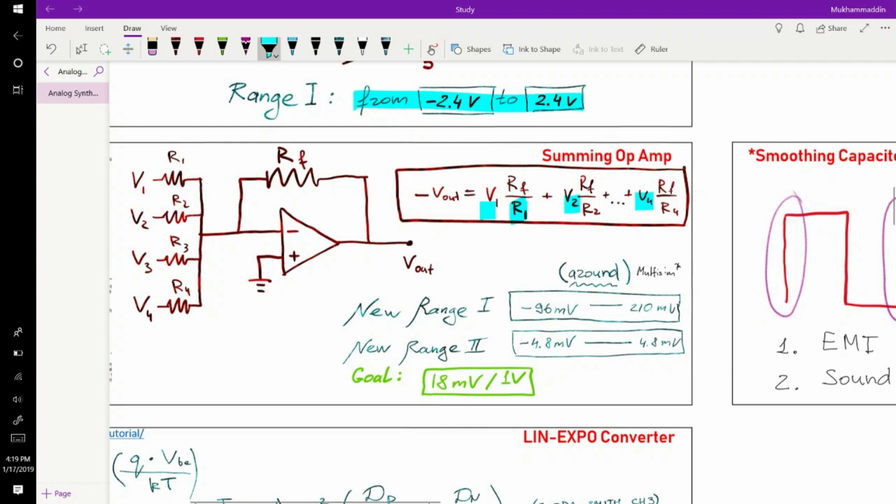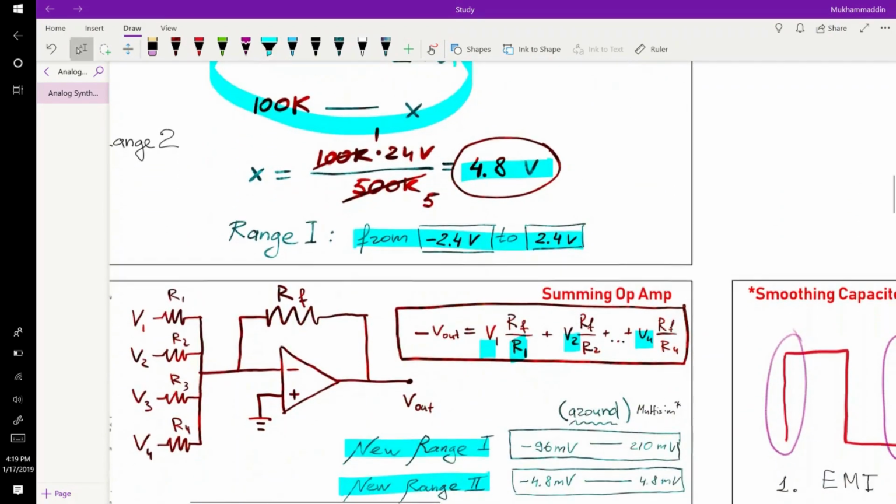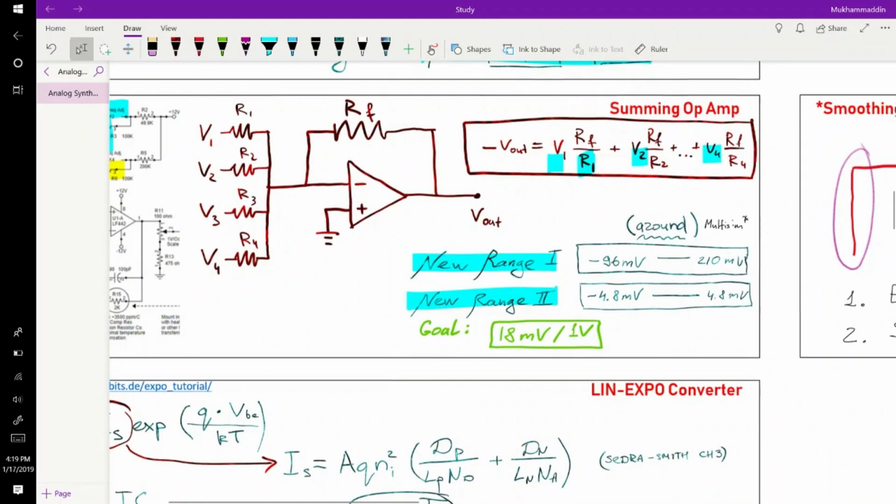So the new range for coarse adjustment and for fine adjustment will be not from negative 10 to positive 5, or from negative 2.5 to 2.5. It'll be from minus 9.6 to 210 millivolt, and then from minus 4.8 to 4.8 millivolt. You will find these values if you use the summing operational amplifier formula.